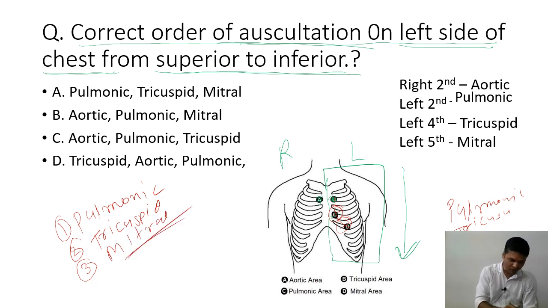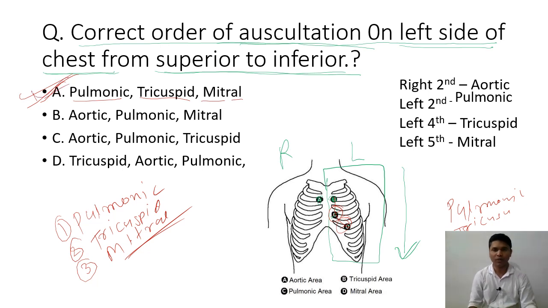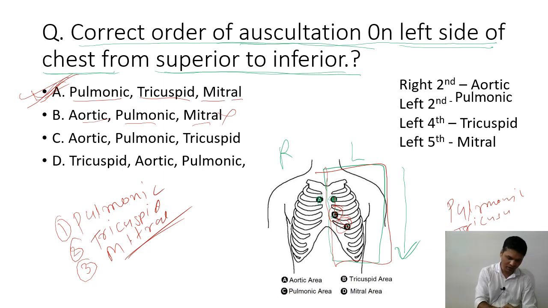So pulmonic, tricuspid and mitral. So this is going to be your answer. The answer will be pulmonic, then tricuspid and then mitral on the left side. We are talking about the left side and not the right side. Aortic, pulmonic, mitral is not going to be the answer. So answer is here.